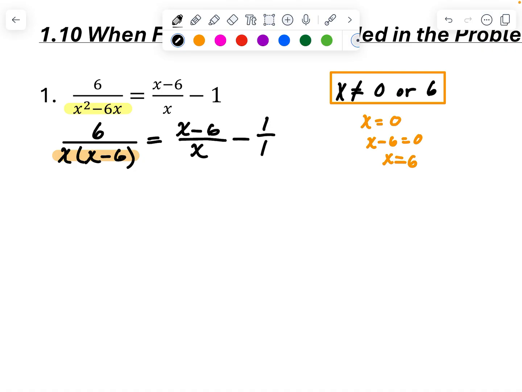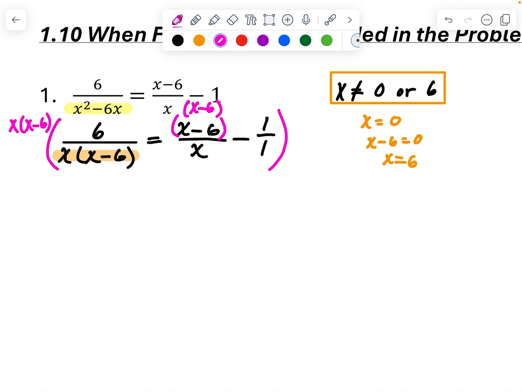Okay, so now we're going to get a common denominator, or at least common multiple, my apologies. And the least common multiple is going to be x times x minus 6. And so the first fraction needs nothing. This next fraction needs an x minus 6.